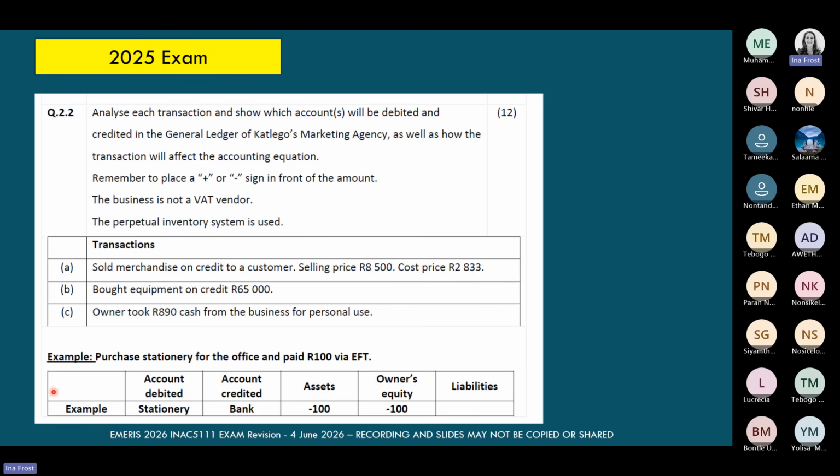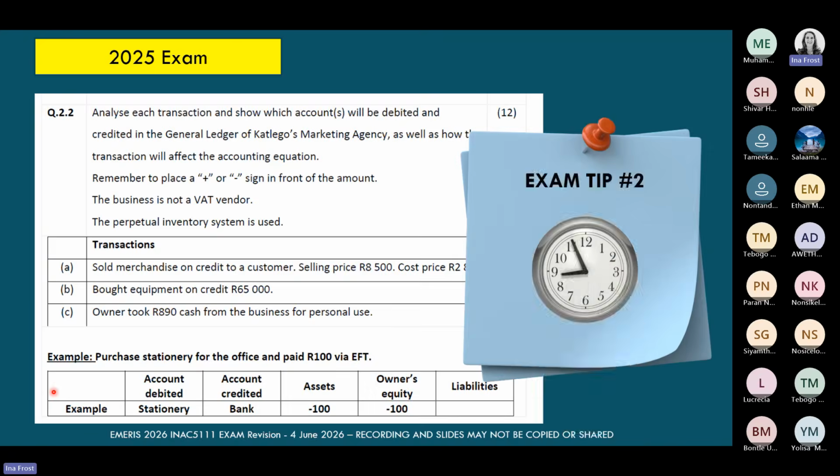And just to recap, in terms of our exam tips, tip number 2 is all about managing your time. So if this question was in your exam, you would have had roughly 14 minutes to complete this question, because remember, we're working at 1.2 minutes per mark. So that means you've got roughly 14 minutes.